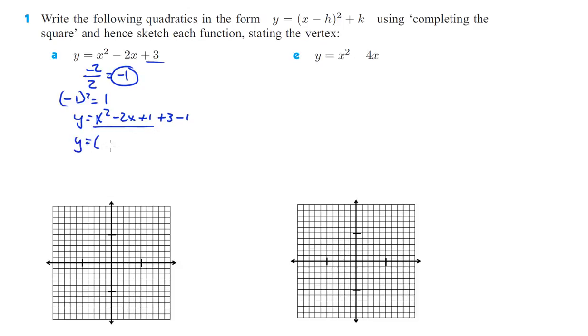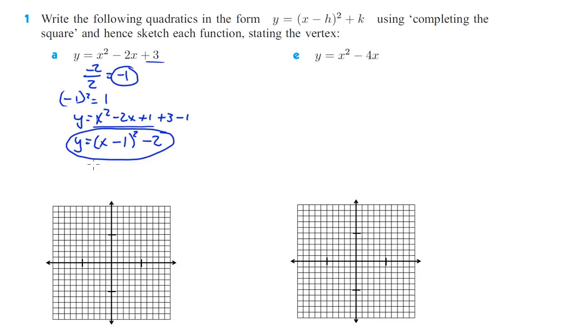So we can write this here as a perfect square, and it's going to be x, and remember it's whatever this half of that middle term is, so it's x minus 1 squared, and then we get plus 3 minus 1 is minus 2. So we've completed the square, and we now have it in the form that we were just looking at in the previous problem.